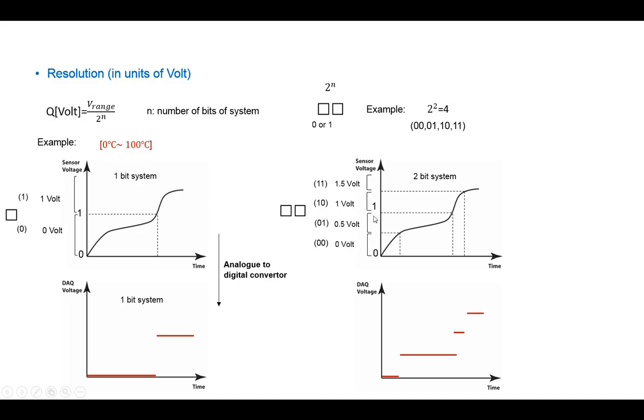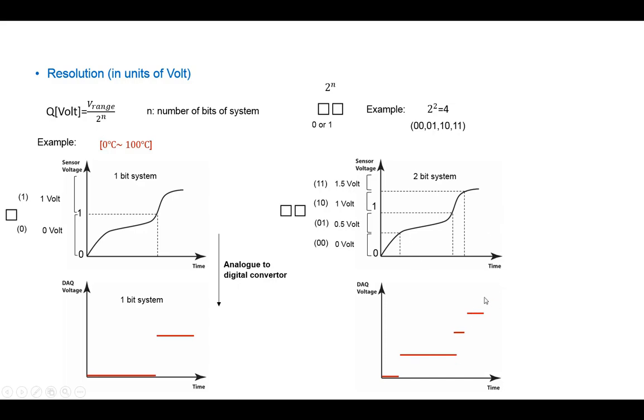If between 0.5 and 1, I'm going to show that with the second combination and consider it as 0.5 volt, and the other ones the same way. So what would the output of my DAQ system be, and how is the computer going to store this data? In this time interval it's going to consider that as 0 volt, in this time interval as 0.5, and the two others in the same way.